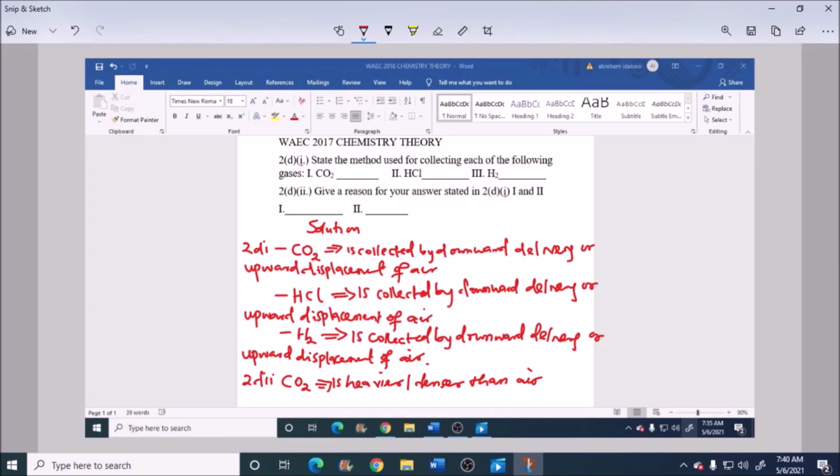Then we have HCl. Why is it collected using downward delivery or upward displacement of air? It is because hydrogen chloride gas is heavier or denser than air.